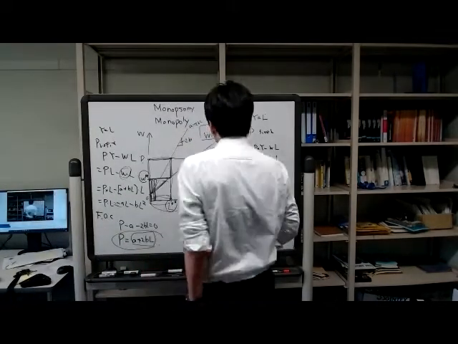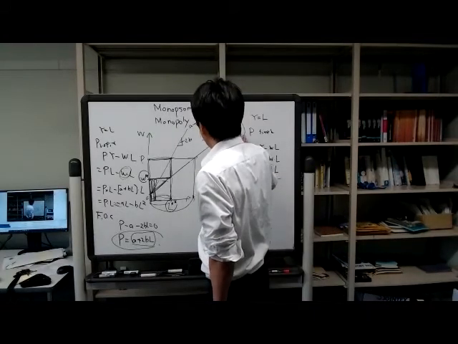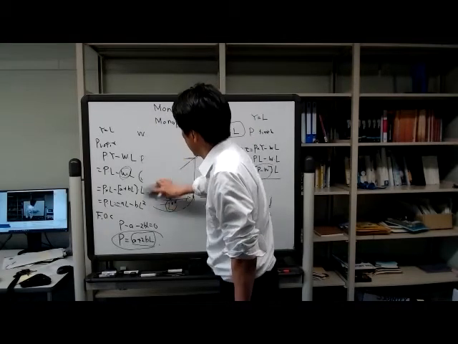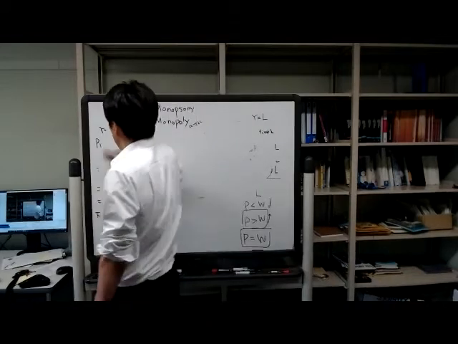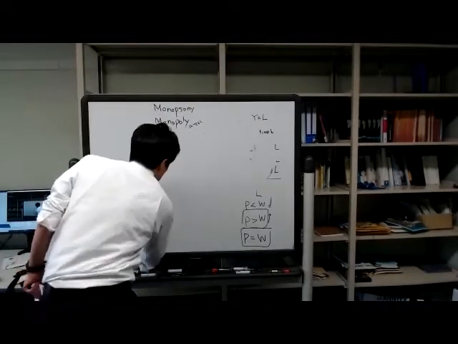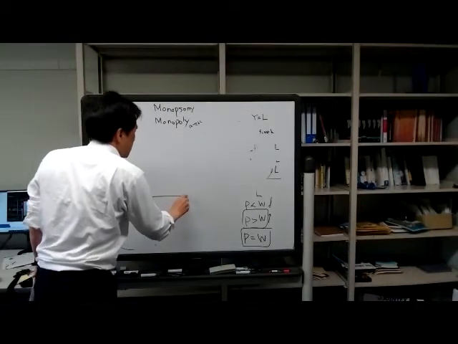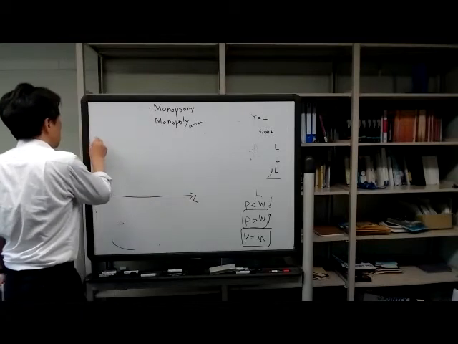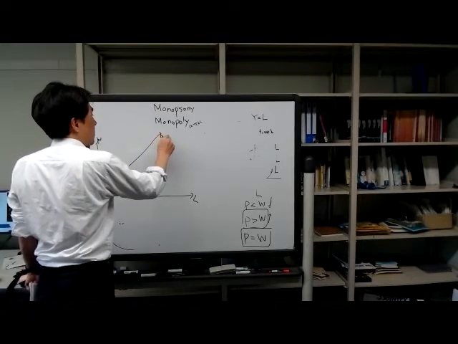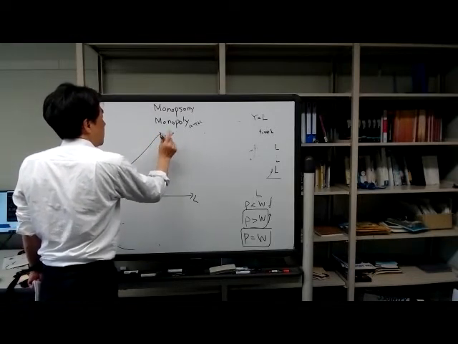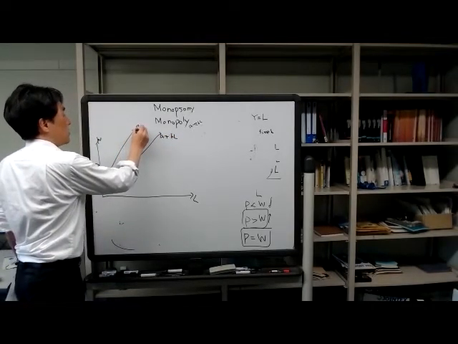On the other hand, when there's a monopsony, two graphs. So this is the case: L, W, P, A plus 2B, A plus PL, and this is A plus 2BL.